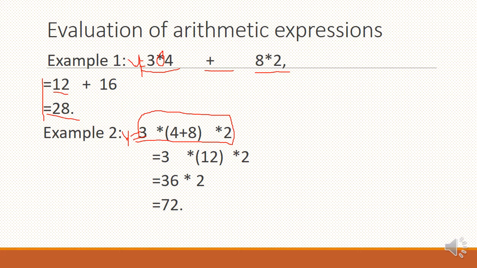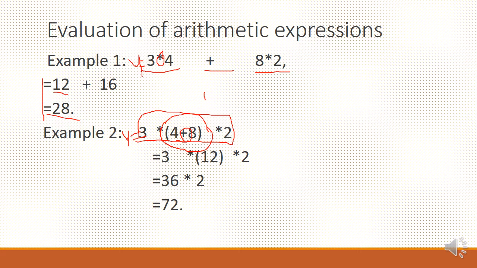Plus has the second precedence compared to the asterisk, the multiplication. But whatever you write in the bracket has the first precedence compared to other operators. That is why I took this example, whatever the operator present here.